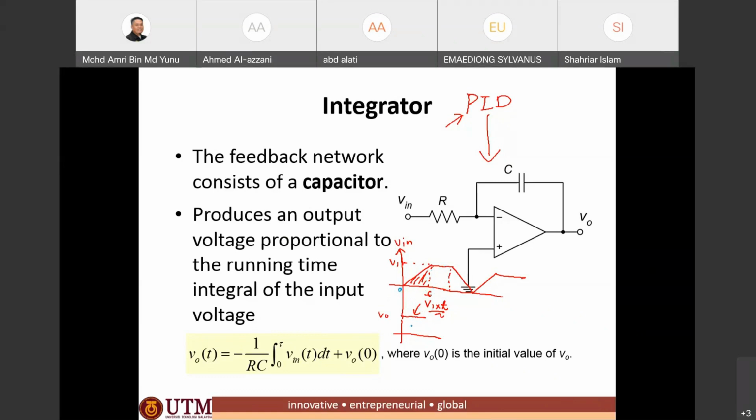The output will be V1 multiplied by t over 2, if the integration time is from 0 to t. The integration time depends on the setting of your system. If you take the data every, for example, 1 millisecond, that will be the integration time.